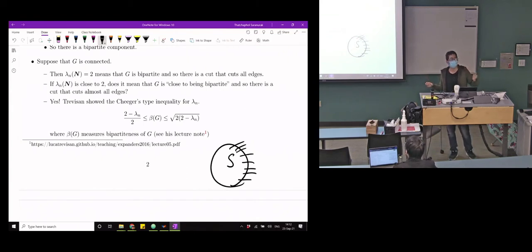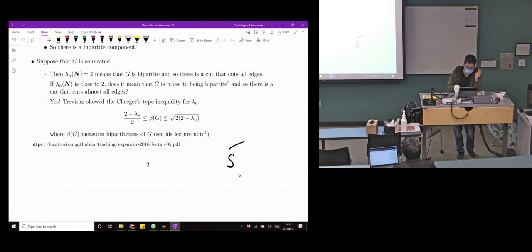So it's not divided by the volume or something? No. Yeah. So that's why you cannot directly get the actual max cut from just computing it. There will be a really analogous proof of Cheeger inequality for lambda n.